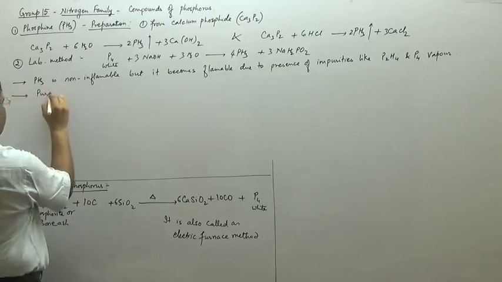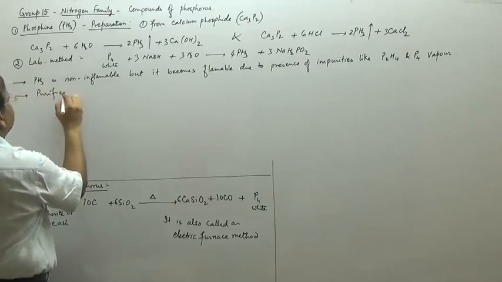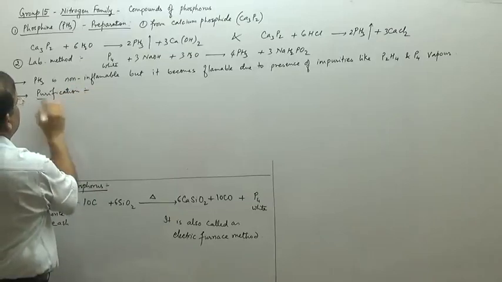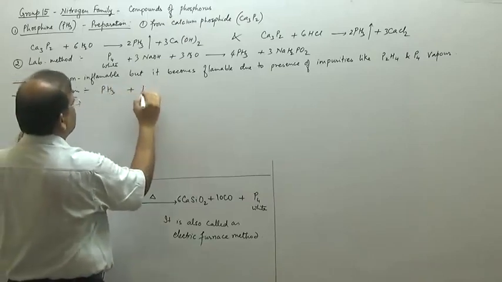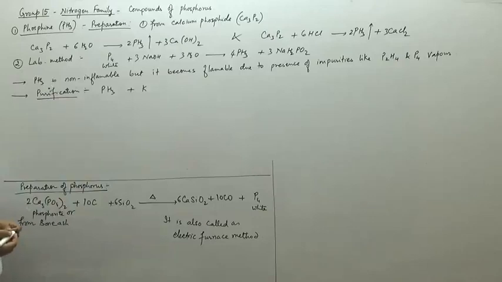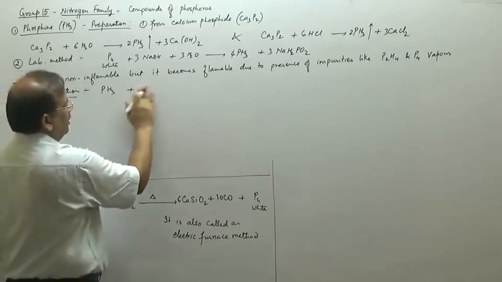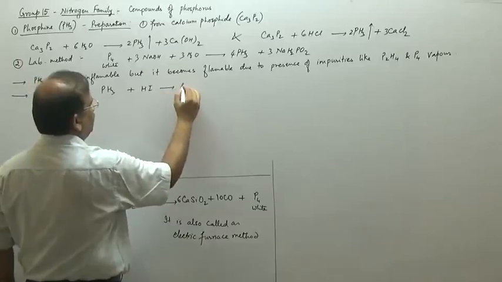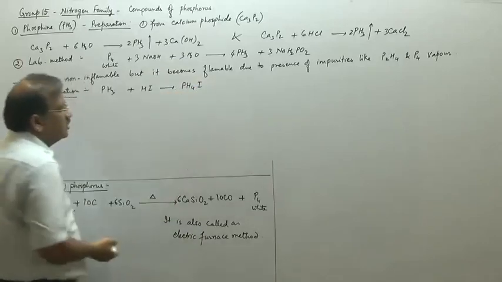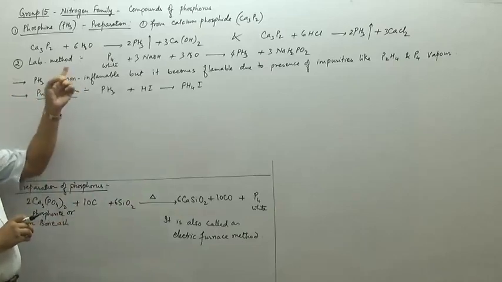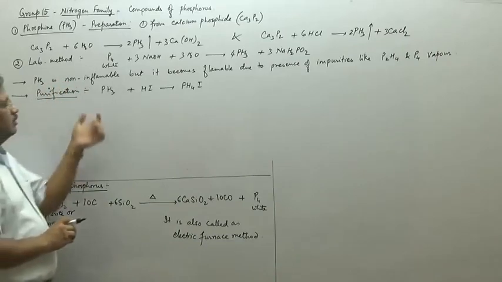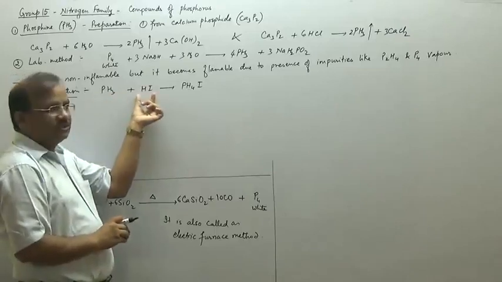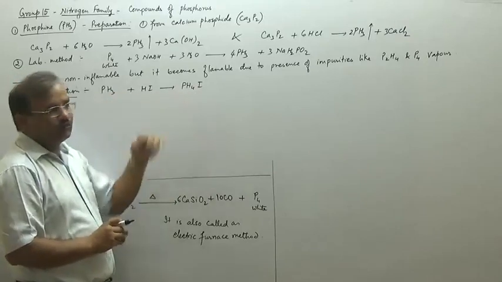Therefore, how can we purify PH3? The PH3 which is formed in the reaction is first treated with HI, so that we get PH4I, phosphonium iodide.